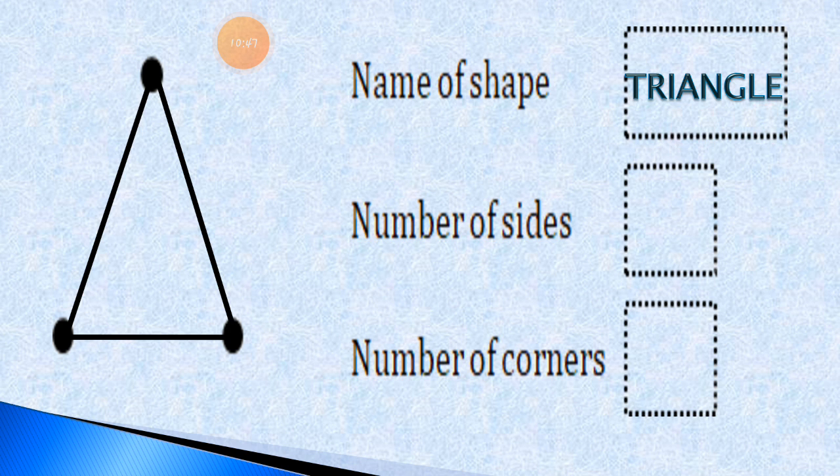Triangle. You must know all the spellings of these shapes. It is compulsory to remember the spelling of the shapes. Now, as we found the number of sides in the rectangle, in the same way we have to find the number of sides in the triangle also.